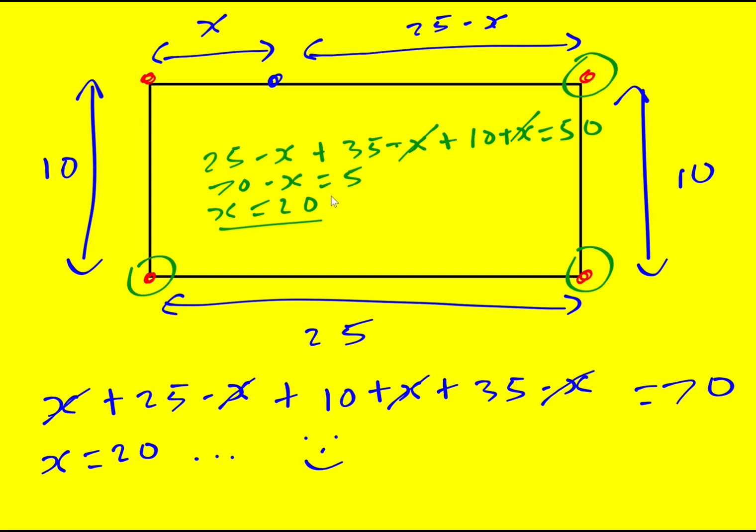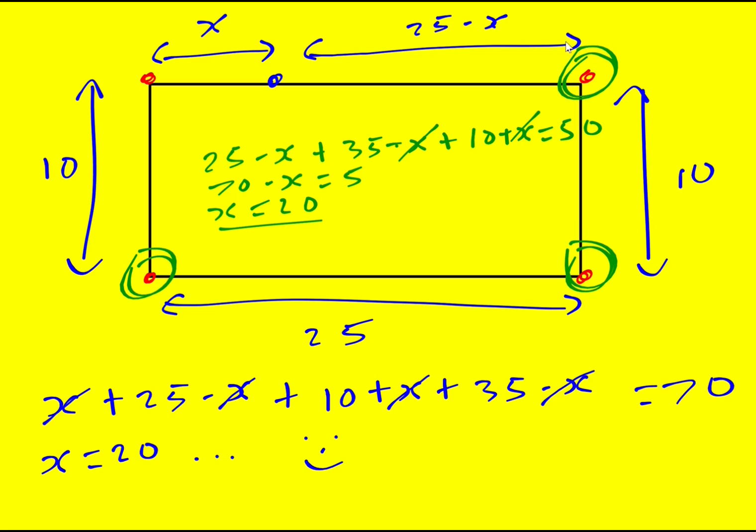But in my method, I think this is a problem. How do I know that it's this one that didn't move? I think I'd need to check all the cases. Now, it turns out if you do check all the cases, like if this person moved, this person moved, this person moved, you get 20 each time. Is that obvious? I don't think so. I think we need to actually check it just to be certain.